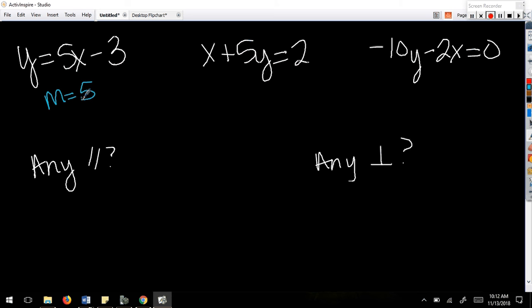You got to get y by itself. You got to subtract the x. I got to put it in slope-intercept form in order to find out the slope. And then we must divide by 5.